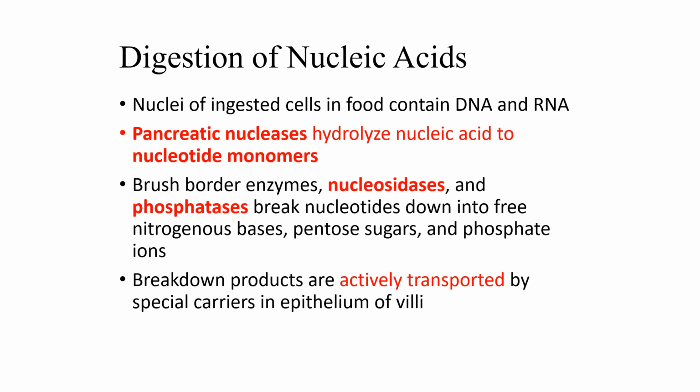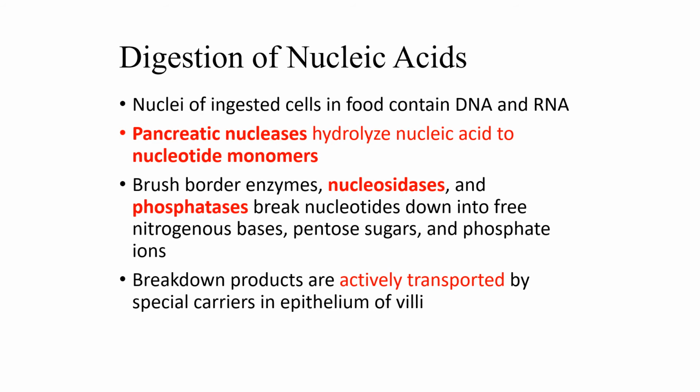Yay! Pancreas! In the small intestine, at the brush borders, then we have the enzymes nucleosidases and phosphatases. And these are going to break the nucleotides down into the nitrogen base, the pentose sugars, and the phosphate ions. These are going to be actively transported.